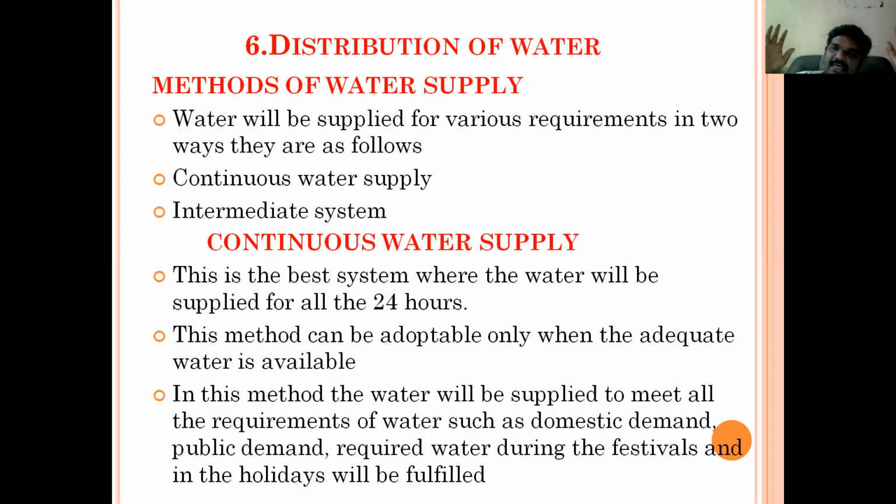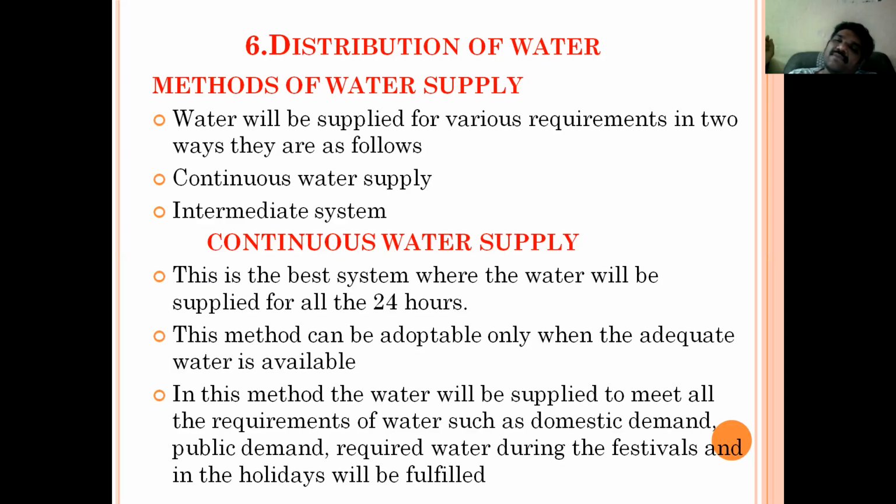And whenever we adopt this method, we must look after certain issues: the supply of water must meet all the requirements of the public, for domestic needs, for public needs, for fire needs.